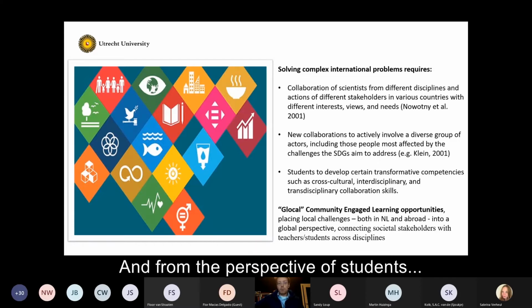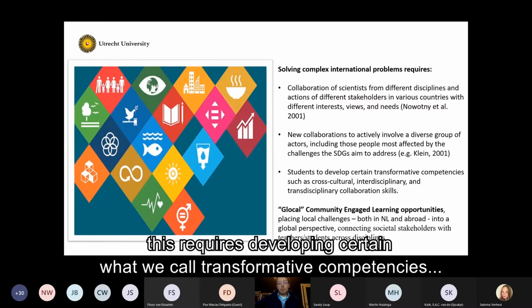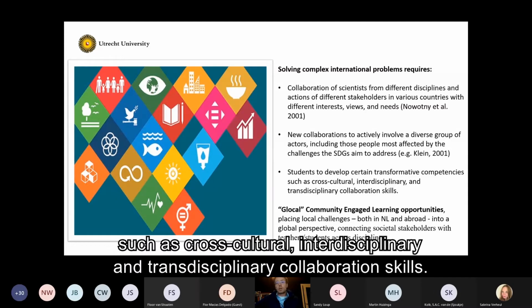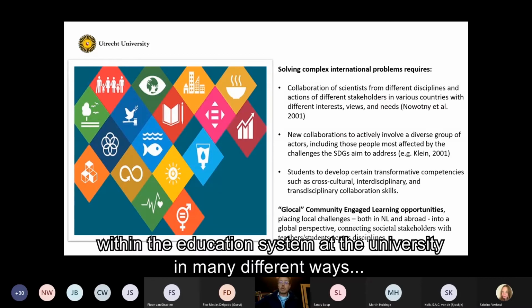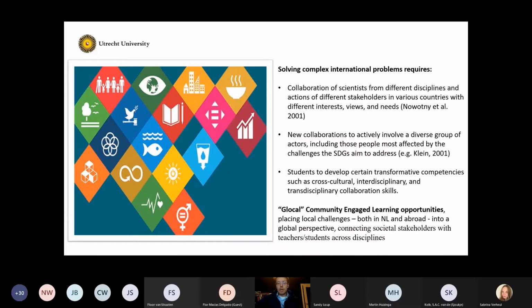And from the perspective of students, this requires developing certain what we call transformative competencies, such as cross-cultural, interdisciplinary, and transdisciplinary collaboration skills. Now, of course, you can seek to build and support these competencies within the education system at the university in many different ways.